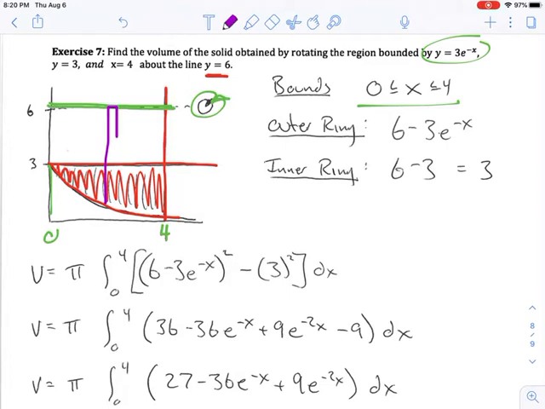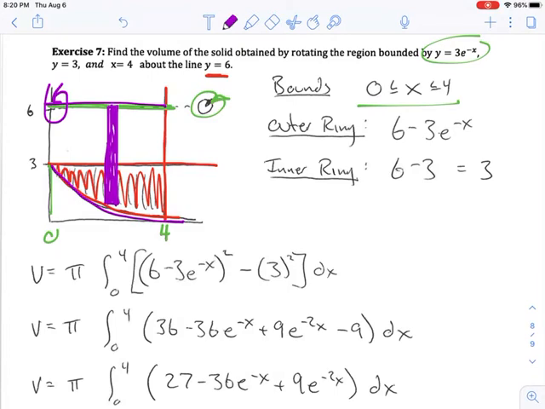We're creating a rectangle that's from 3e to the negative x to the axis of rotation. So I'm just going to draw a little rectangle in there. And so we're rotating that around here. The radius of that is going to be this distance. This distance is going to be 6 minus the function.